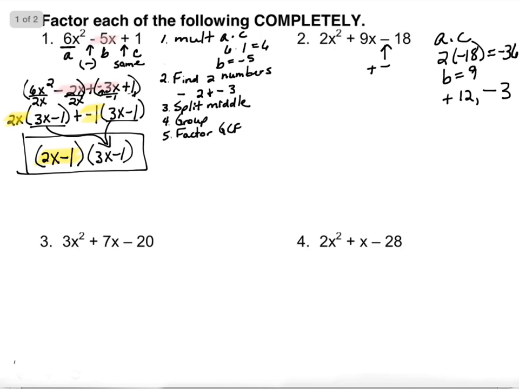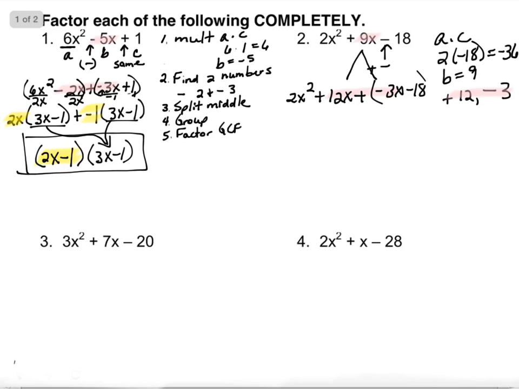So I take these two numbers and I split the middle term. 2x squared plus, and again, I'm going to highlight. These numbers go in the middle. So instead of 9x, I have plus 12x plus a negative 3x minus 18.